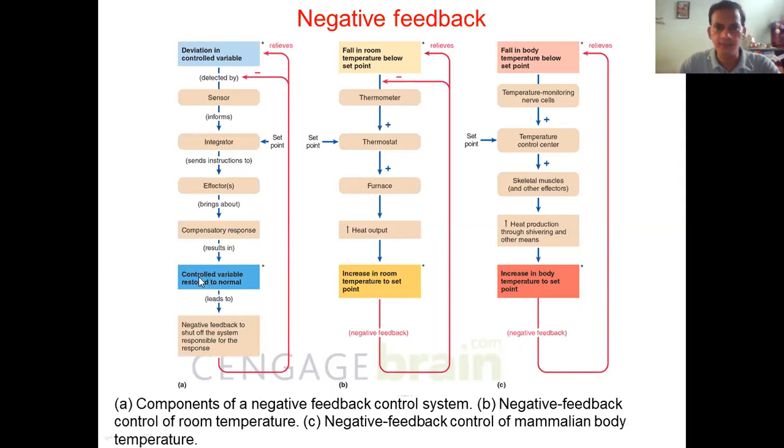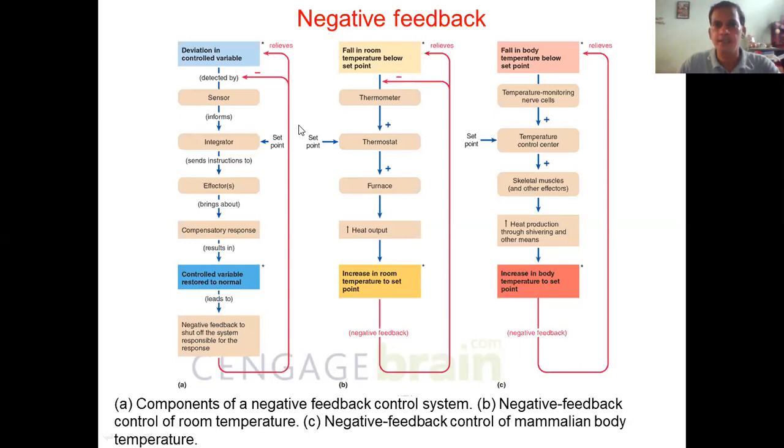If it is brought back to normal, it will lead to negative feedback to shut off the system which is responsible for controlling the variable. In a way, it will send a signal, and the sensor will be cut off to this particular deviation, or it relieves it.